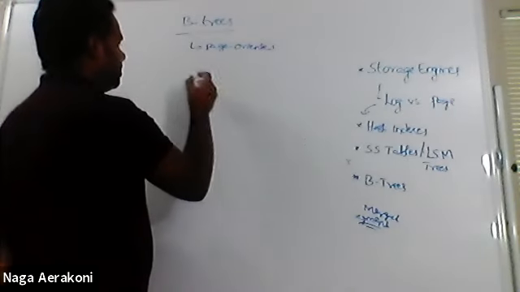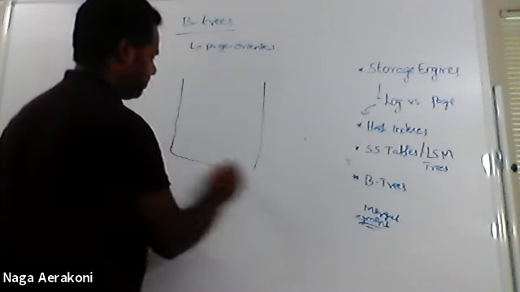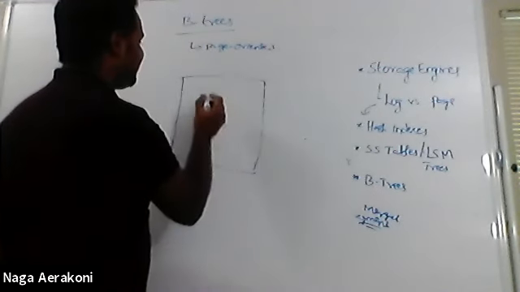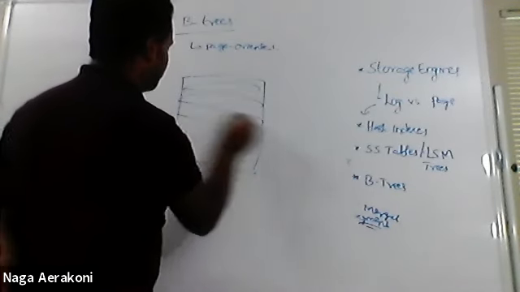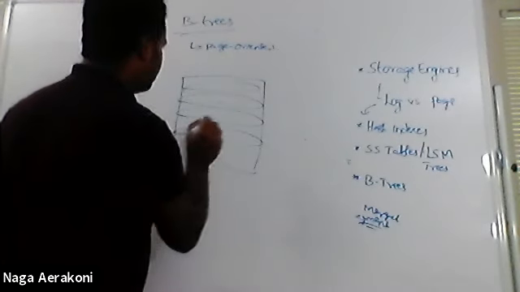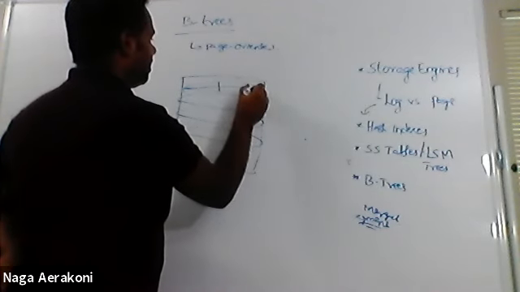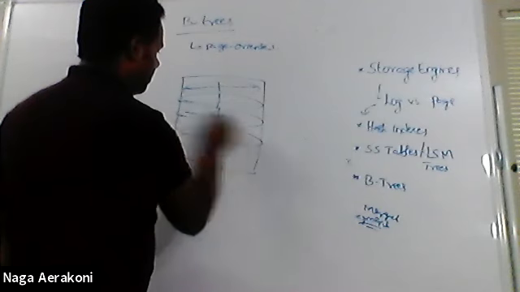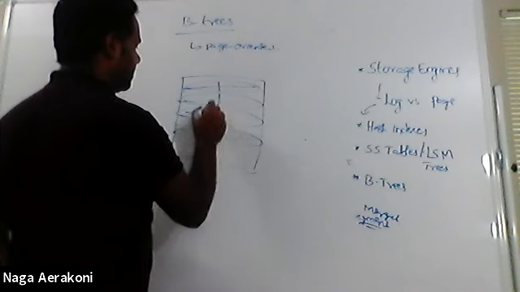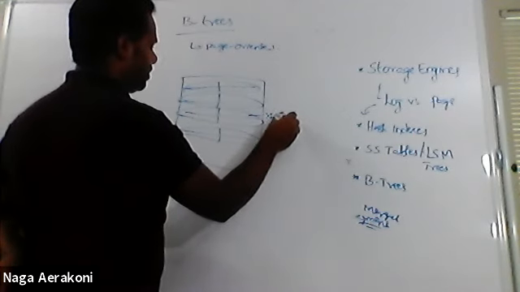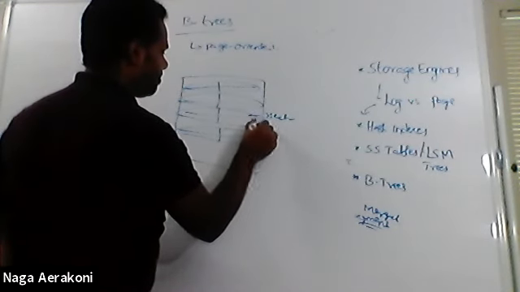So we know that disks are normally organized, I don't know how to represent a disk correctly, but there will be multiple layers of storage in the disk. Each of these levels can have sectors divided like this. We take each of these as sector 1 or sector 2, and in one of the sectors we may divide some continuous space as one block.